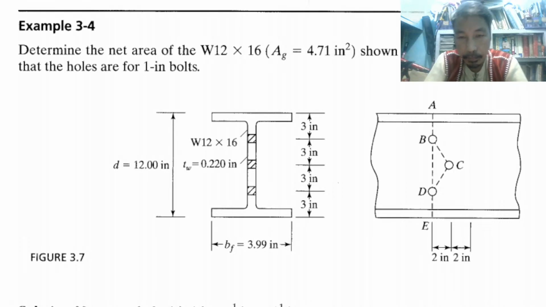Okay, so we are asked to determine the net area of this section, considering that there are 1-inch bolts that have to be used. Therefore, there are provisions for holes, and as you can see on the figure, there are 3 holes. What would be the net area of this section?